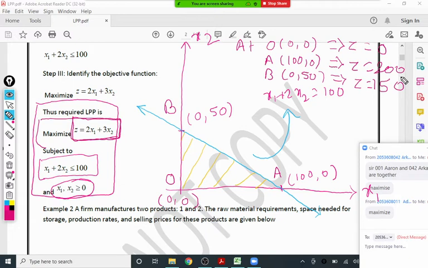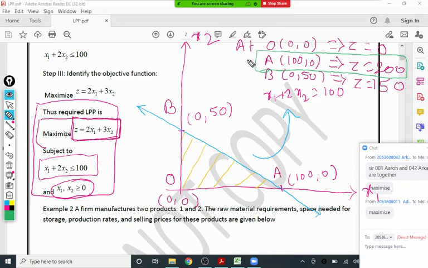So to get a maximum profit, what should the seller do? The seller should purchase only the articles of A and sell them.